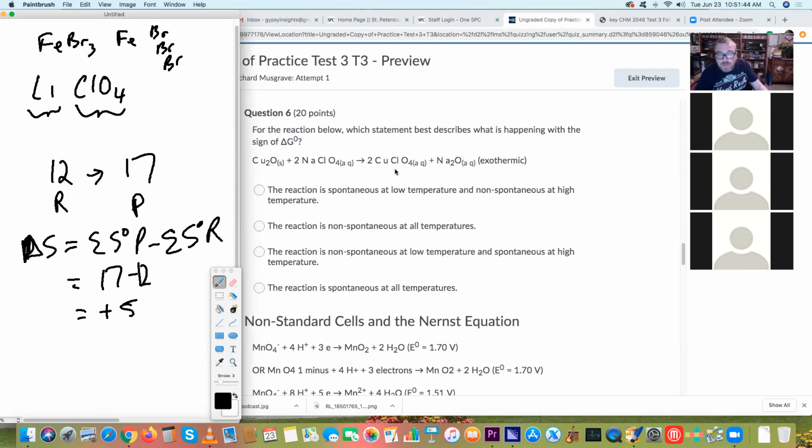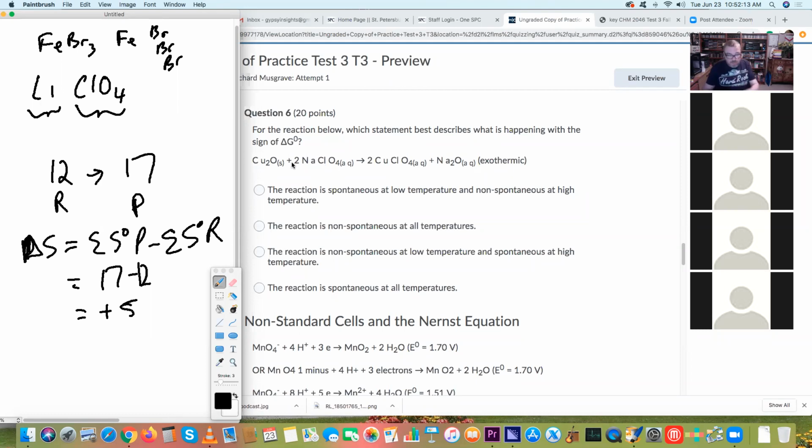If there's more particles on the product side, then we know that delta S is positive. If we have more particles on the reactant side, we would know that delta S is negative. That's where it comes down to. Then we can determine the relationship between spontaneity and temperature. And I went through that earlier.